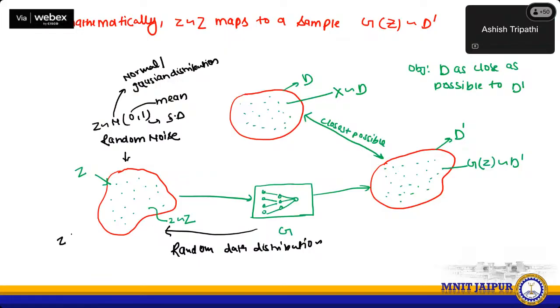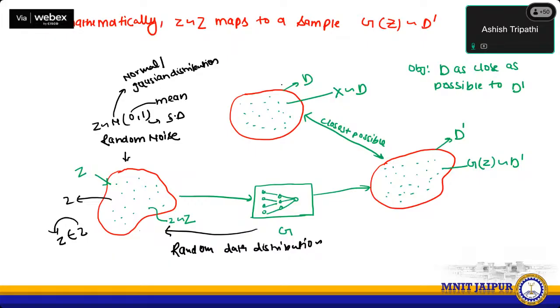Small z is a sample of the random distribution that is called capital Z. So small z is one sample of this entire set. This is basically the random data distribution, and you can assume this shape as a probability distribution kind of thing.